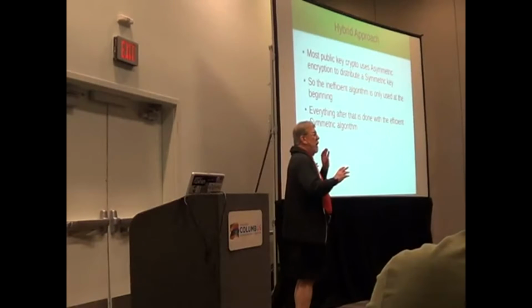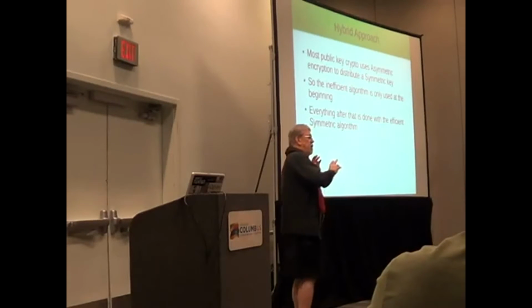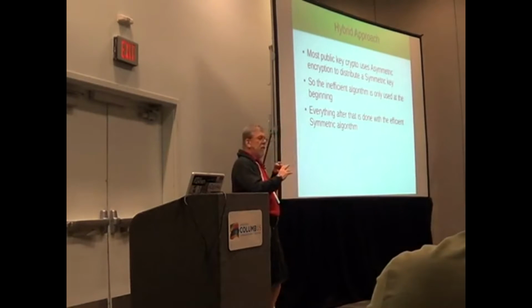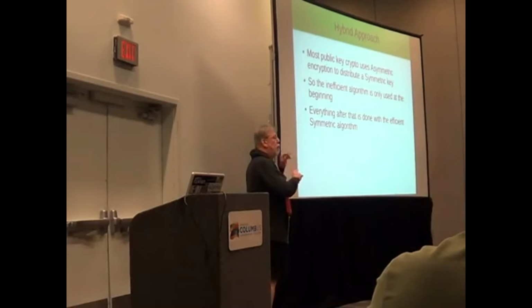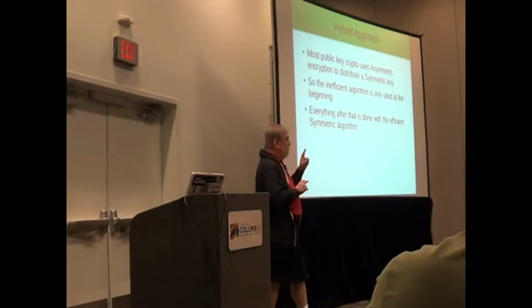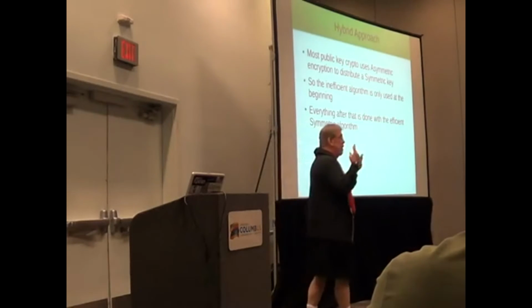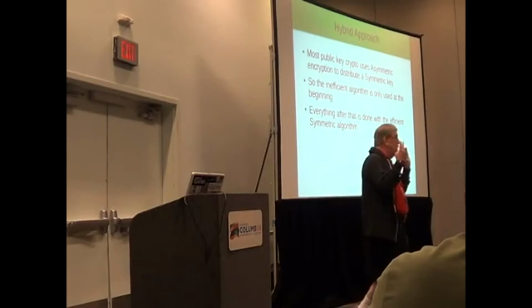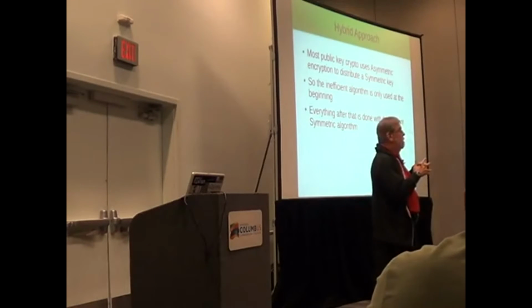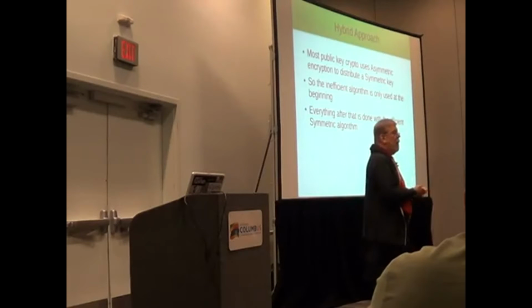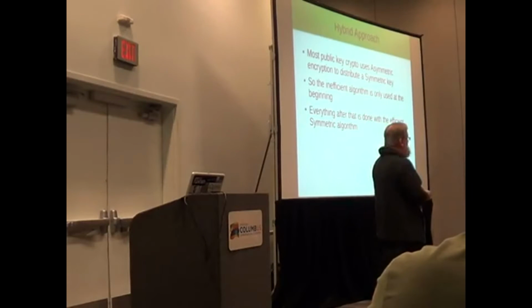And then uses the asymmetric key to encrypt the symmetric key. And so remember, the way that works is that there are two keys in asymmetric, designated public and private. So if I want to communicate with my friend Tom over there, all I need to do is say, Tom, here's my public key.